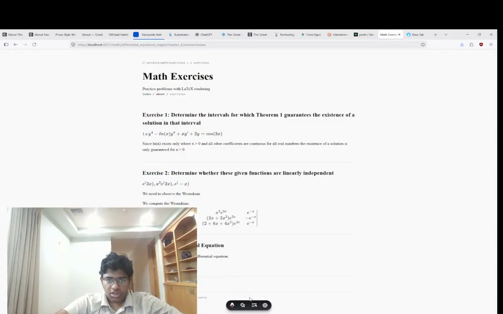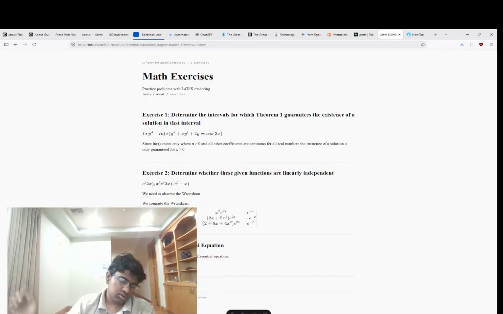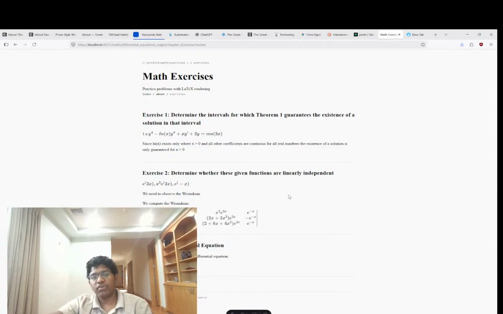So the Wronskian, what's very interesting is let's say you have three solutions, you get a 3 by 3 matrix. If you have four solutions, you get a 4 by 4 matrix.